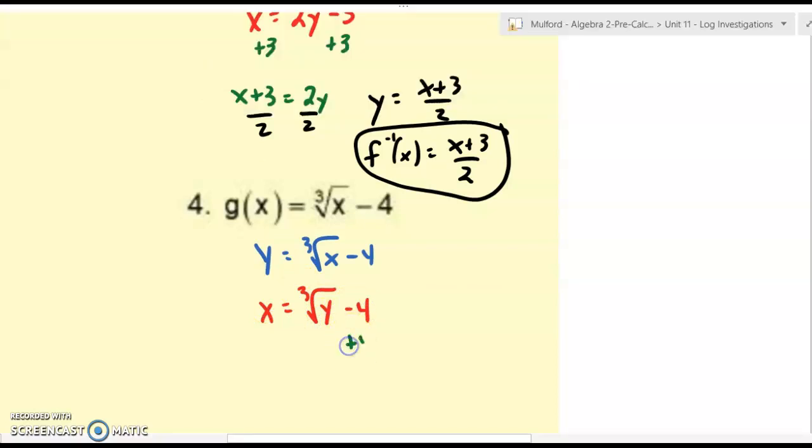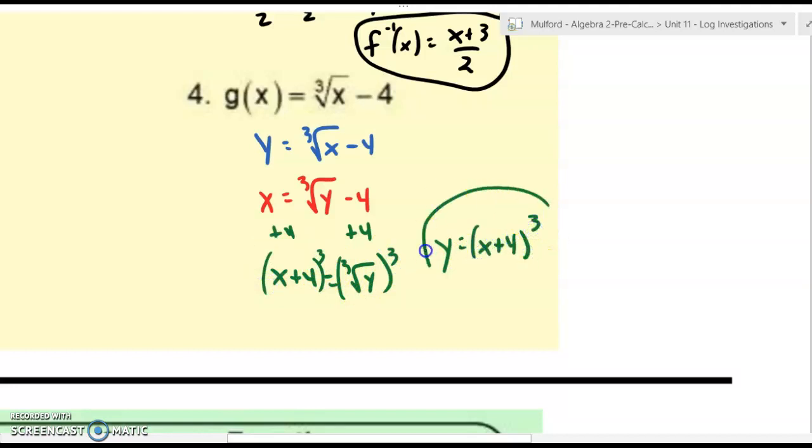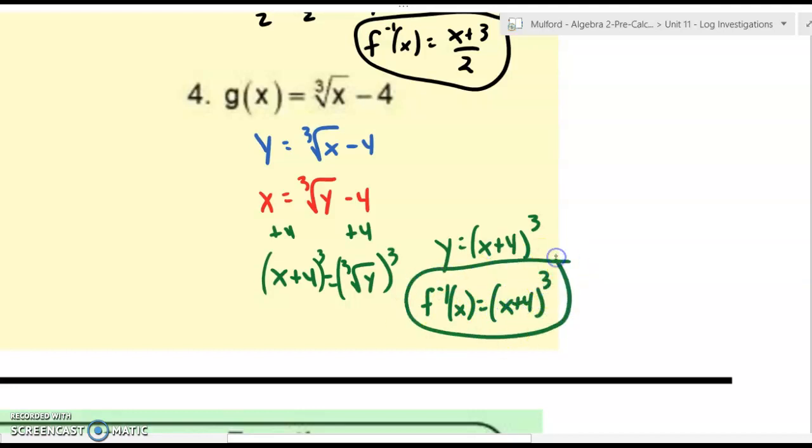I'm going to add 4 to both sides, and then cube both sides. So I'm going to have y equals x plus 4 to the third power. Oh, hold on. I have to write that as an inverse. g inverse of x is x plus 4 to the third power.